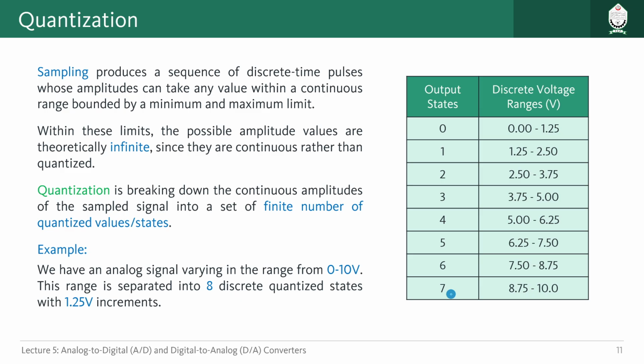So this is what we have done. We have divided the overall voltage range from minimum to maximum into 8 different states, and for each of the states we have assigned a state value. So state 0, state 1 up to state 7, 8 different states, we have quantized or discretized the amplitude domain.